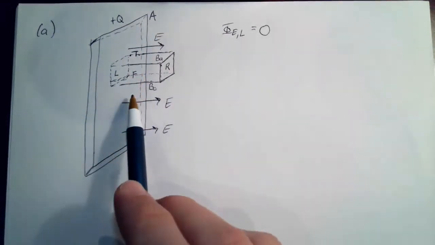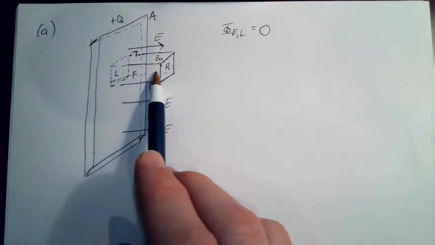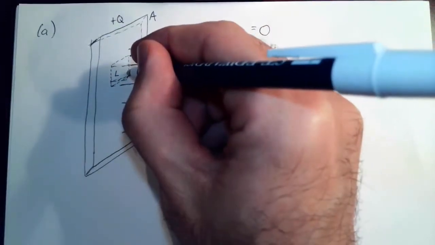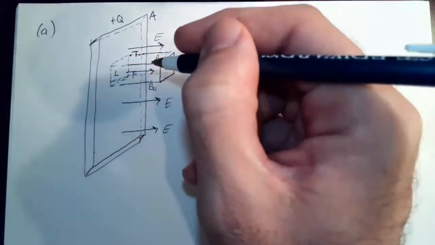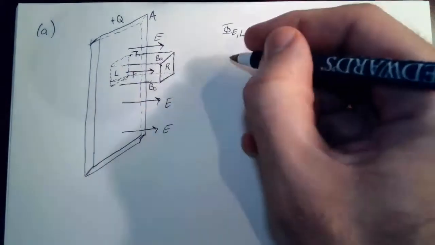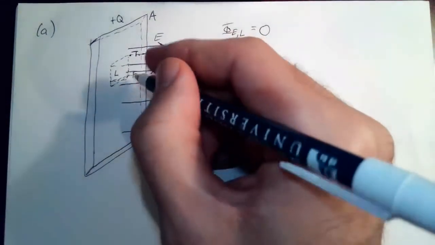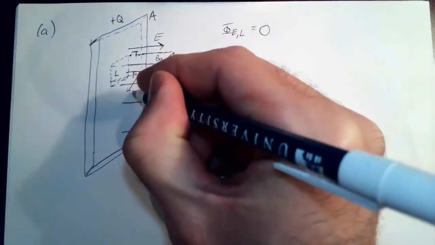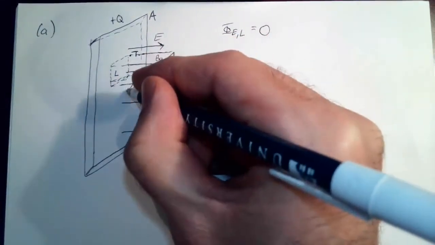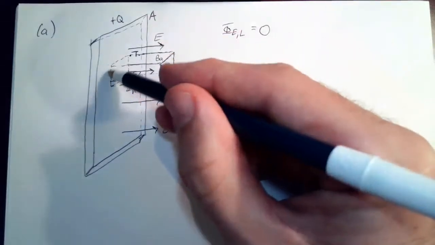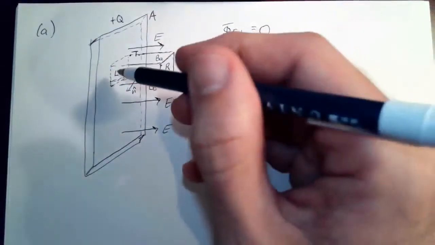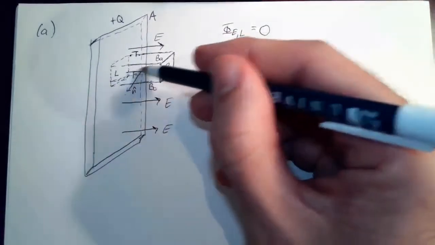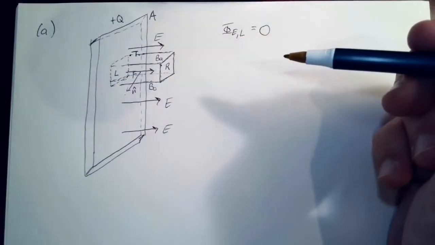Okay, let's do the front face. On the front face, I have an electric field that's going to the right. But what is the direction of n hat? Well, n hat is coming out of the page, because it's the normal to this front face. And you see that E and n hat are perpendicular. So E dot n is going to be zero.